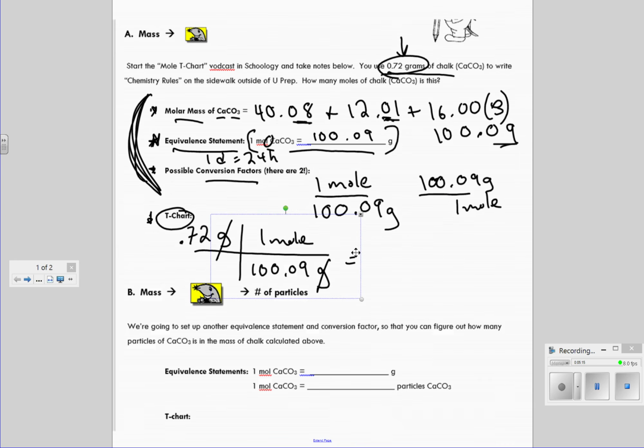And then calculators on, 0.72 divided by 100.09. Our calculator says 0.0071935, and hopefully you're saying, what about Sig Figs? Oh, I'm so glad you asked. We have 0.00, because remember these aren't going to count.